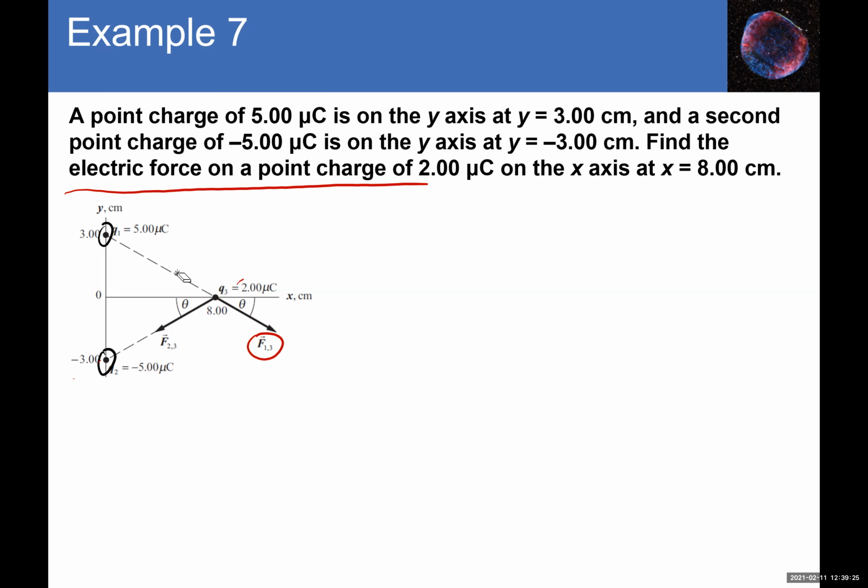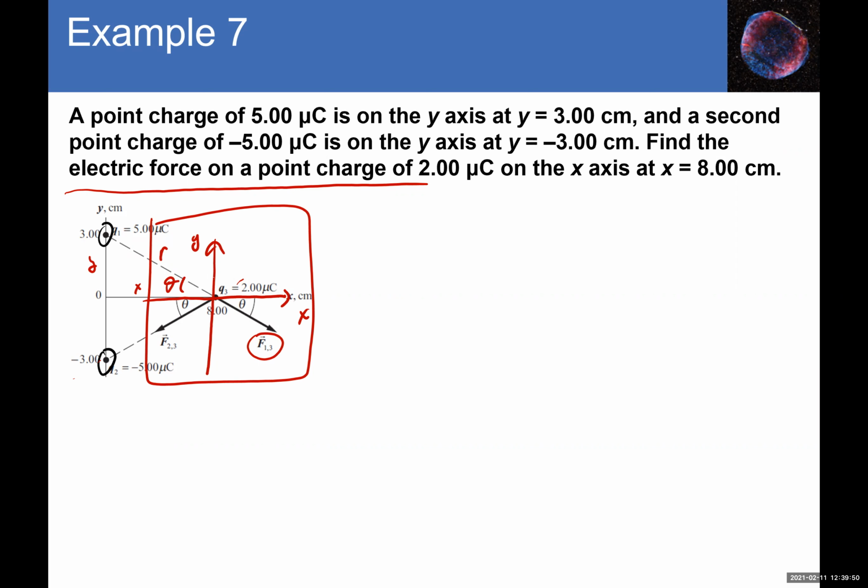By making a local coordinate system, I can see this is x, this is y, and this is my free body diagram for Q3. It has one force in the fourth quadrant, F13, and another force in the third quadrant, F23. Since I'm given the positions y and x, I can use them to find r, and I can also use them to find this theta.